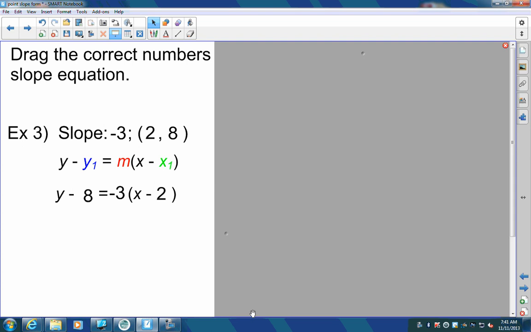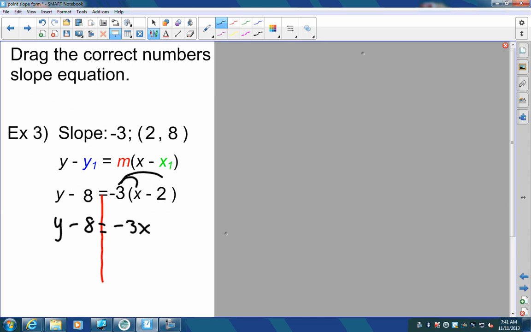Now from here, let's change it into slope-intercept form. So I'm going to draw my line at the equal bar. I have y minus 8 equals, now I'm going to take negative 3 times x, negative 3x, negative 3 times negative 2, positive 6. Now the only thing I need to do is move this negative 8 to the other side.